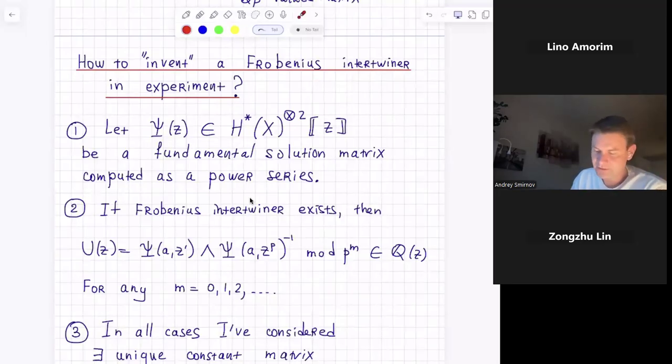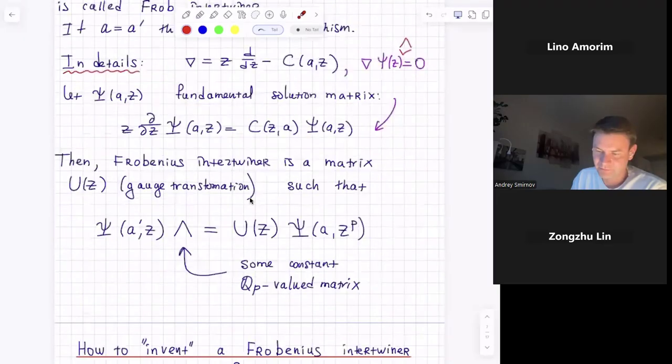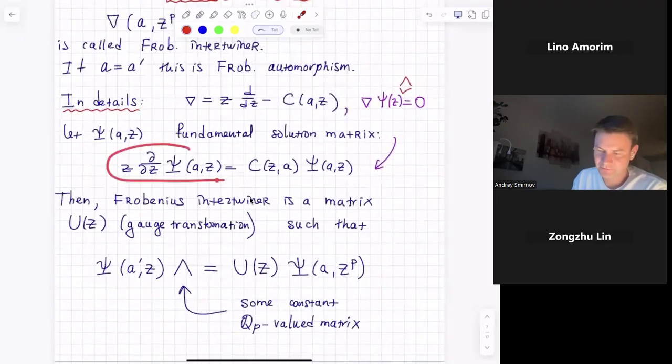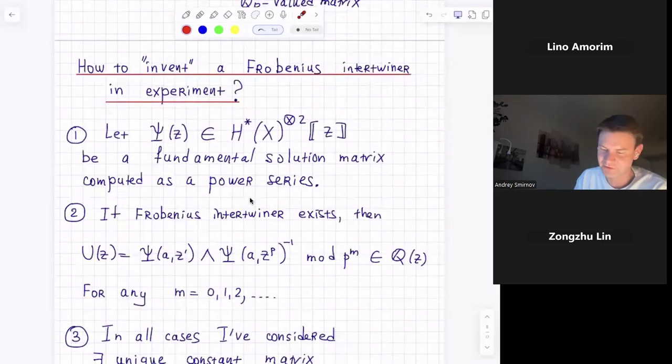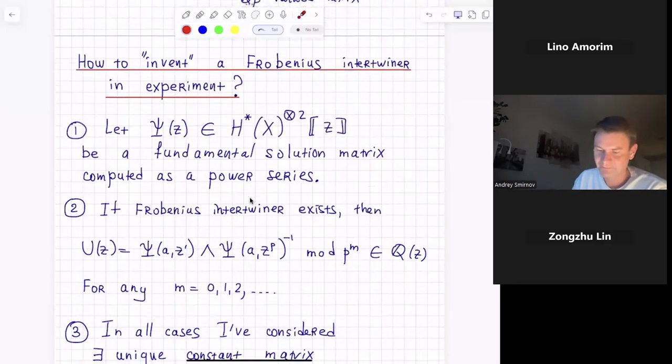You can look at your differential equation and compute the fundamental solution matrix, say in power series. You say that maybe psi is a power series in z with some unknown coefficients, and then from the algebra you determine the coefficients, say using a computer. I did a lot of experiments like this.